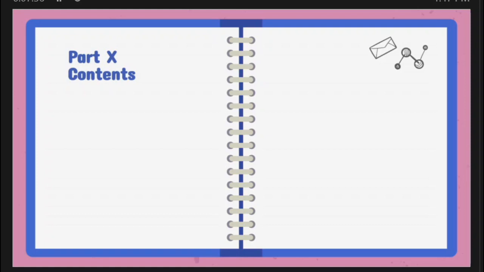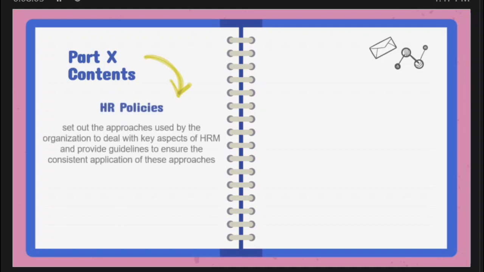The duties are carried out by the creation and management of the following. Number 1, HR policies. HR policies set out the approaches used by the organization to deal with key aspects of HRM and provide guidelines to ensure the consistent application of these approaches.